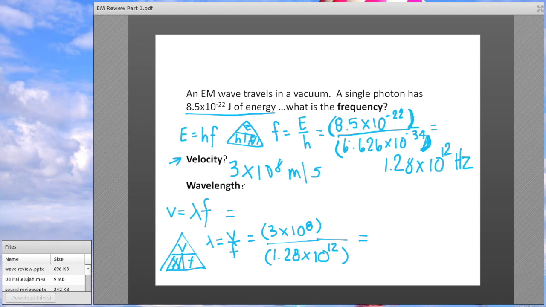Now on a test, let's say that you did this part A, what is the frequency, wrong, and you got the wrong answer for that. If you need it for another part, like this third part right here, and you put your wrong answer in here, you'll get a wrong answer for your wavelength, but as long as you use this wrong answer correctly, like say you had 3 times 10 to the 12, as long as you use your 3 times 10 to the 12 correctly, I would give you full points for this part, because otherwise it's kind of like double jeopardy.